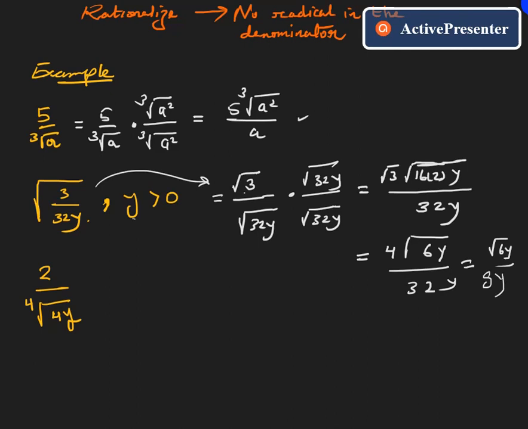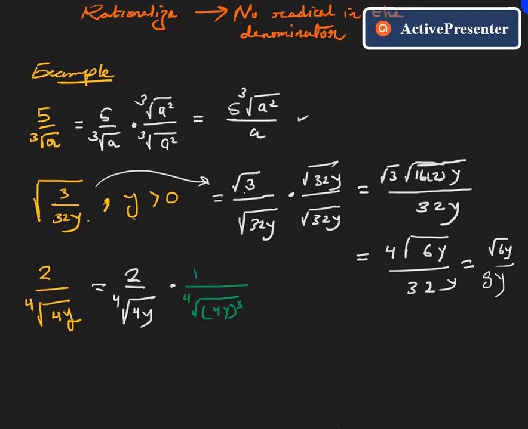So let's take another example. 2 over the fourth root of 4y. So we will write it as it is first. Fourth root of 4y. Now what to do? If you rationalize, I would take the fourth root of 4y cube.